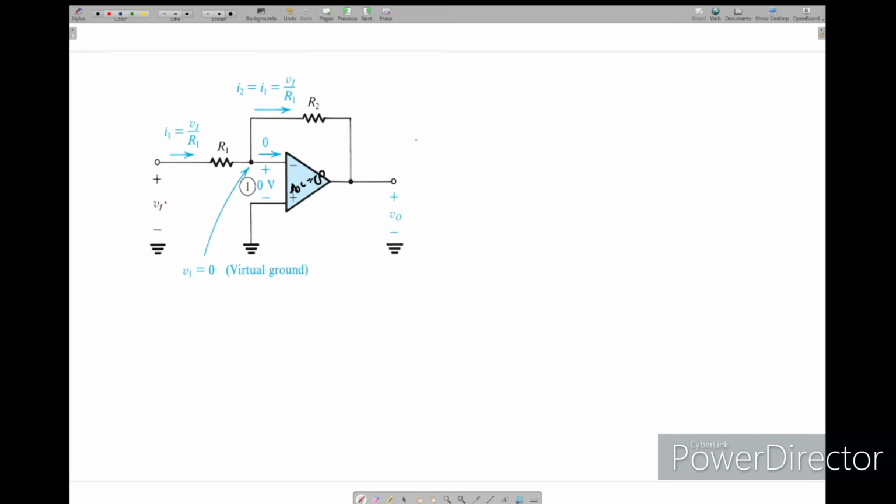So what is V0 of the op-amp? V0 is the gain times the difference between the voltage at this point and the voltage at this point, so V2 minus V1. This gain is the open loop gain. So V0 equals AOL times the difference of the two voltages.